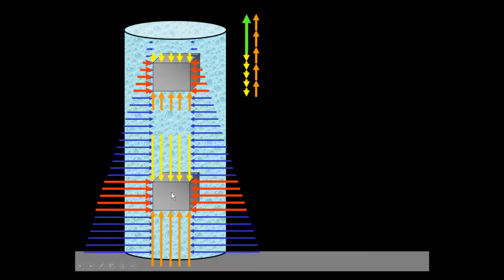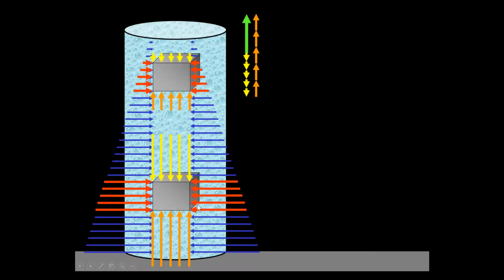As that thing is deeper, there's more pressure all the way around. And the pressure pushing to the left is balanced by the pressure pushing to the right. But the pressure against the top is always going to be less than the pressure against the bottom. Or you could say the pressure against the bottom is always going to be greater than the pressure against the top. The reason is the bottom is always going to be deeper.